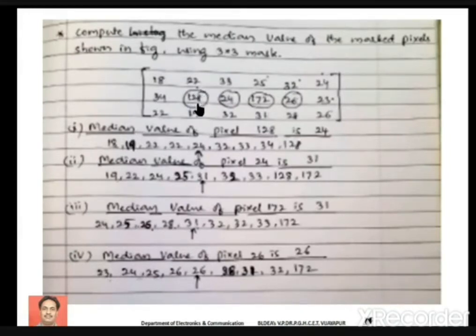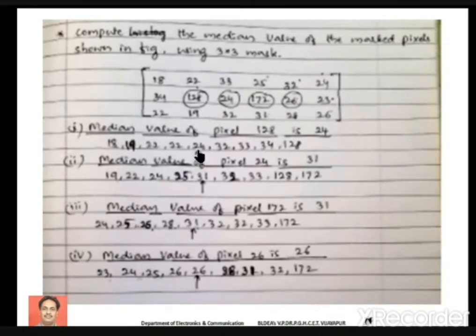I'm going to repeat once again. You consider this 128 as the center pixel and consider all the surrounding pixels, that is 18, 22, 33, 34, 24, 22, 19, 32. So how many pixels do you get? 9 pixels. You arrange these 9 pixels in ascending order and find the middle one.